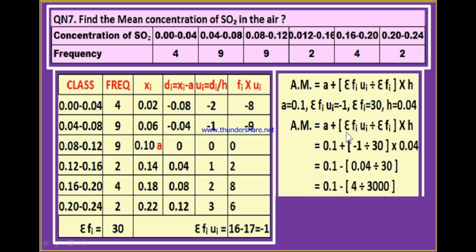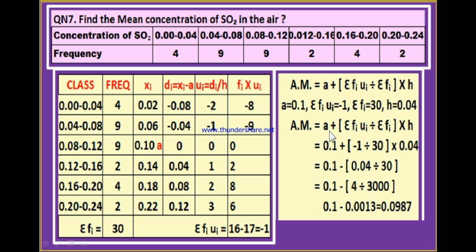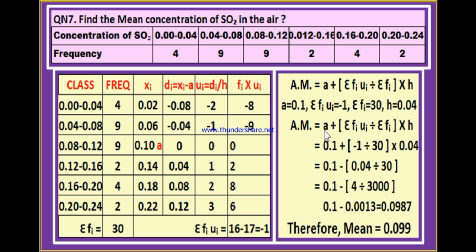The difference is 0.04, which is the H value. In the formula AM is equal to A plus sigma fi ui divided by sigma fi into H, let us substitute A is equal to 0.1 plus sigma fi ui minus 1 divided by sigma fi 30, into H is 0.04.